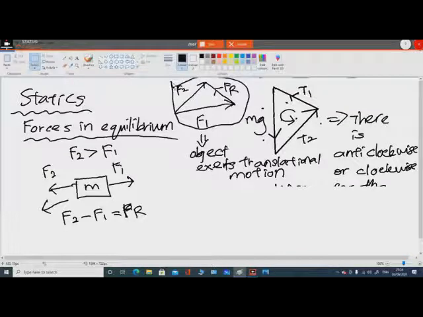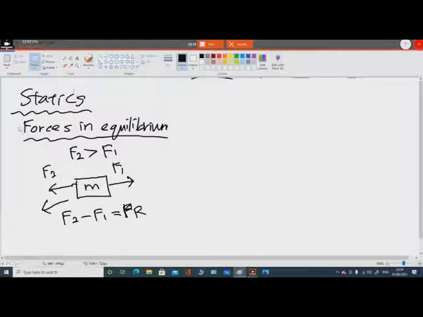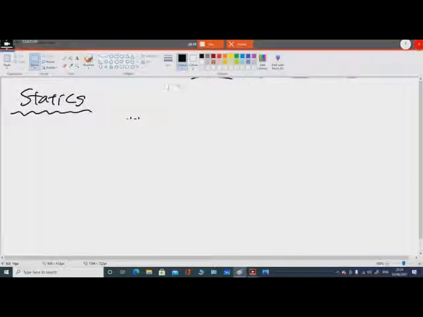Okay, so let's move to the next part. Let me erase this. So what if there are more than 3 forces acting on the object?